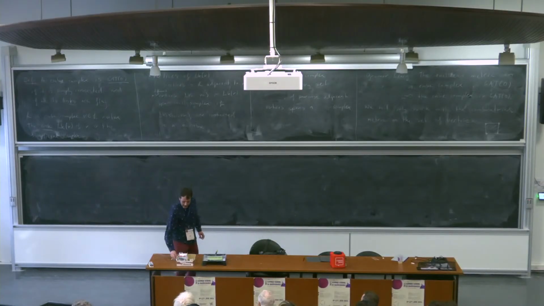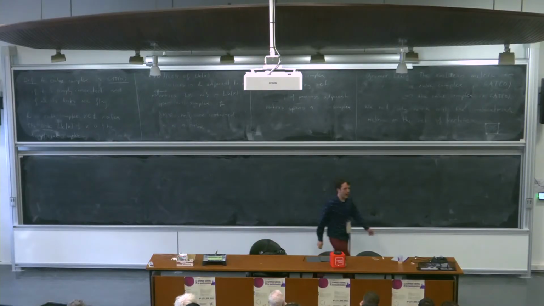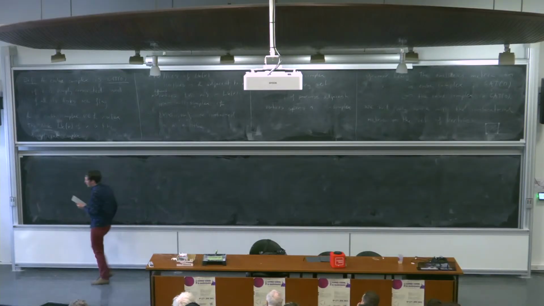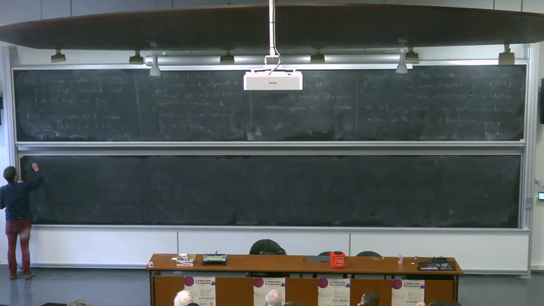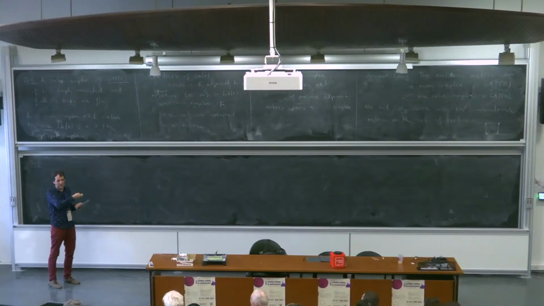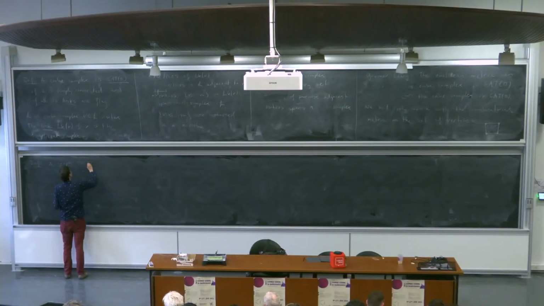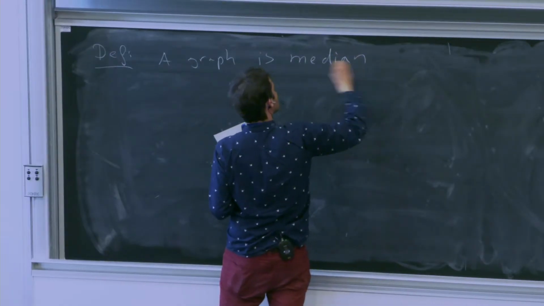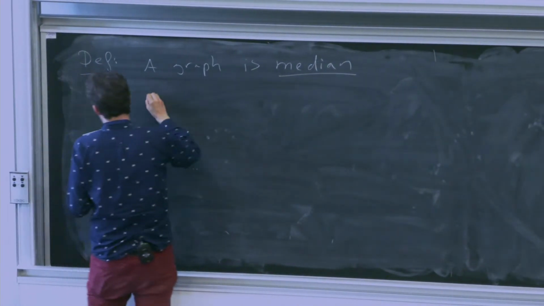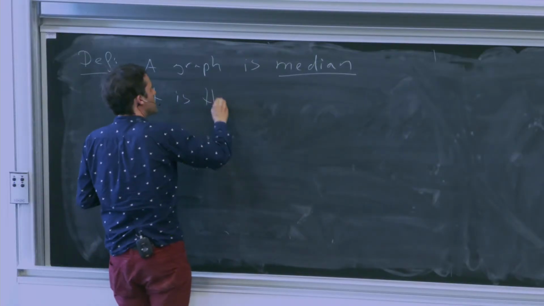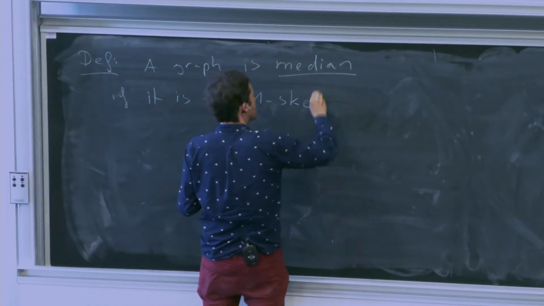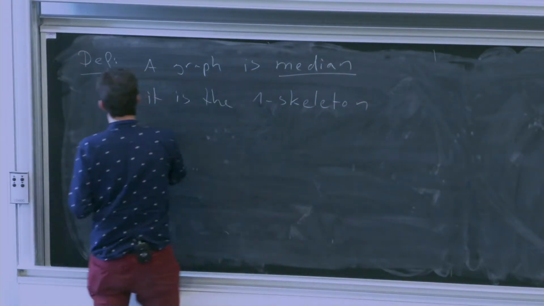A more modern way, although that's still disputed, is one could also use the language of median graphs. There's a definition for median graphs, but median graphs are exactly one-skeletons of CAT(0) cube complexes. So a graph is median if it is the one-skeleton of a CAT(0) cube complex.